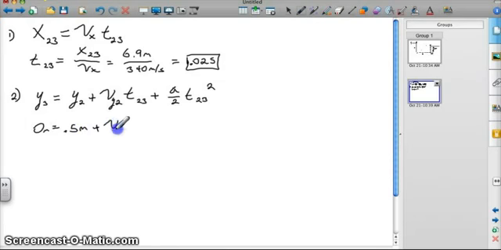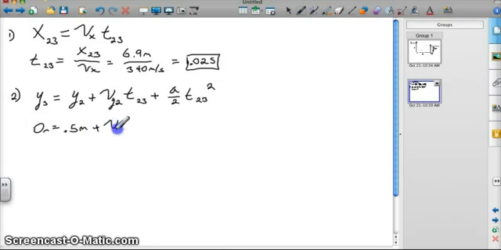If I solve that for Vy2, I'll get negative 24.9 meters per second. So now I have another value that might lead me to the answer.